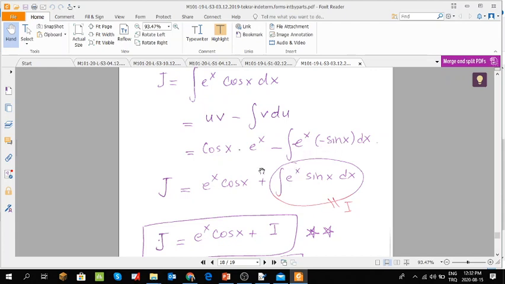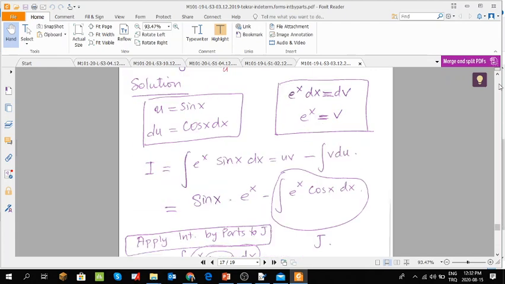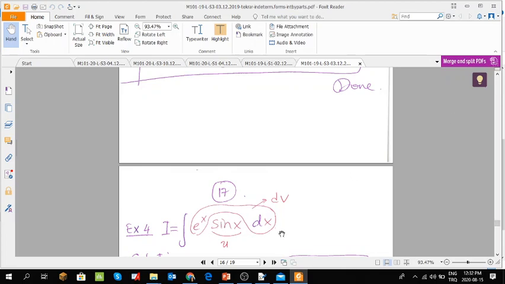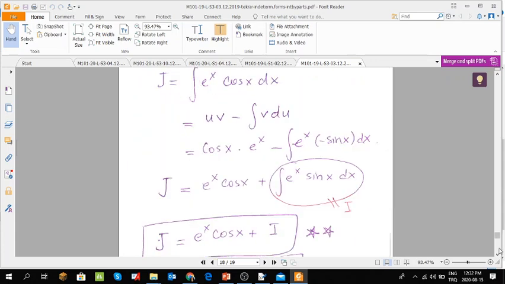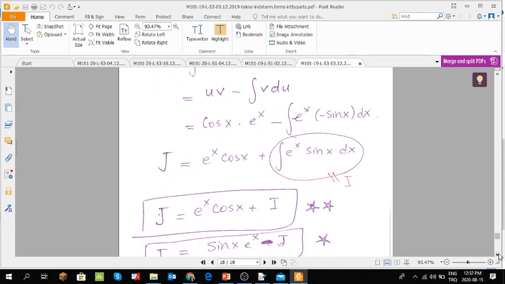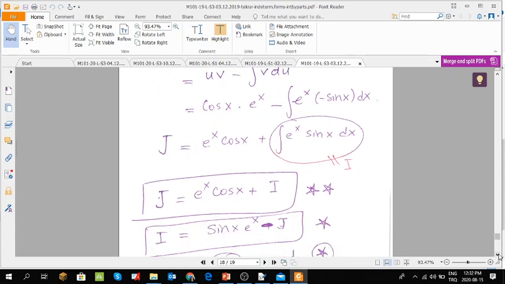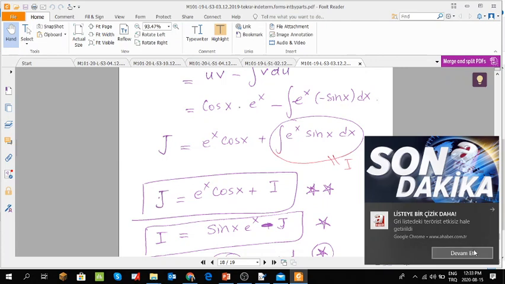Look, J is equal to e to the x cosine x plus the integral of e to the x sine x dx. But this is familiar, this is what we started with first. This is the same thing. So, in other words, when we apply integration by parts a second time, these trigonometric functions can give you what you started with at the beginning.